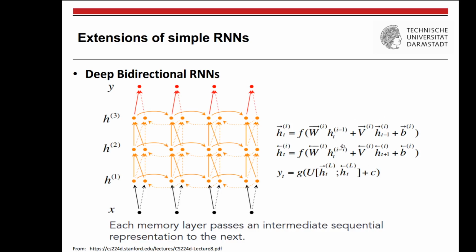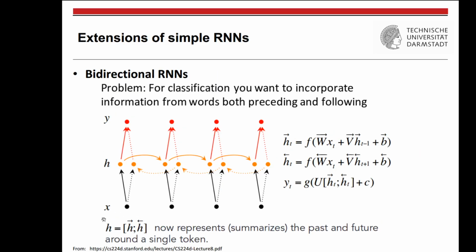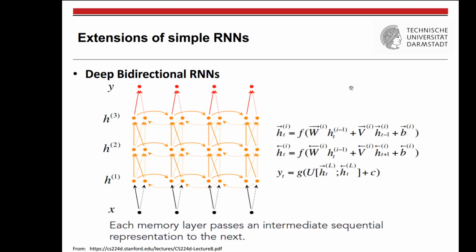And you can see this also in the equations here. You have the forward hidden vector at time step t, where this is time step 1, 2, 3, 4, at layer i. It depends on the hidden state vector at time step t minus 1, the previous time step in the same layer i, but also on h_t, the concatenation of the forward and the backward layers, at the same time step but at the previous depth i minus 1.